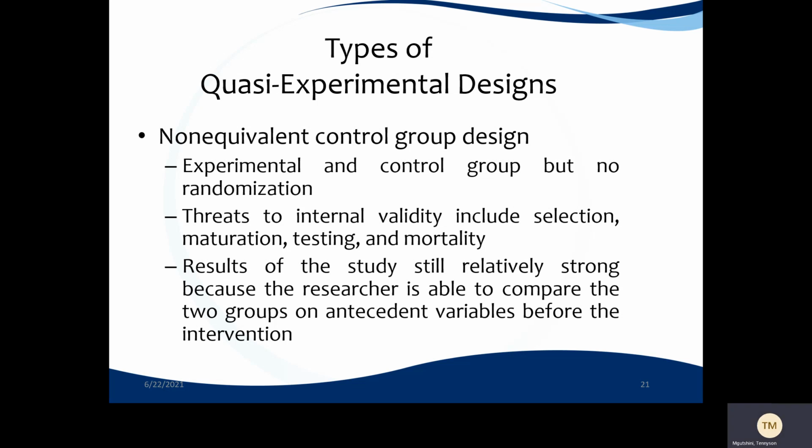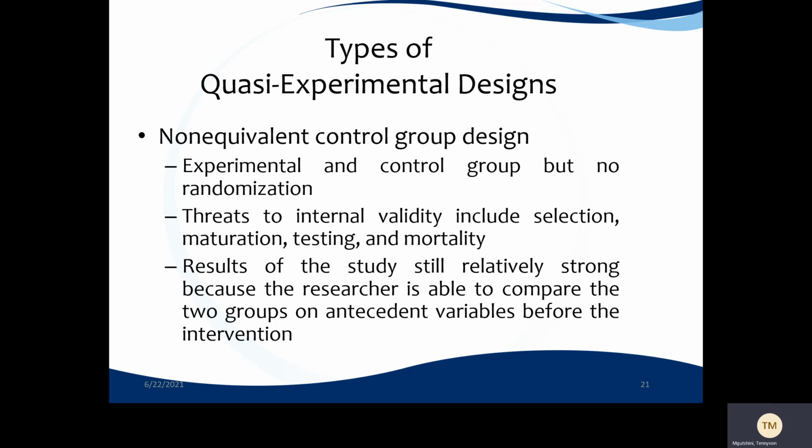So basically, when you say non-equivalent control group design, remember we've said that anything that we call an experimental design, whether it's quasi or not, must definitely have manipulation. That is an intervention that is occurring. But it does not necessarily need to have control or randomization.